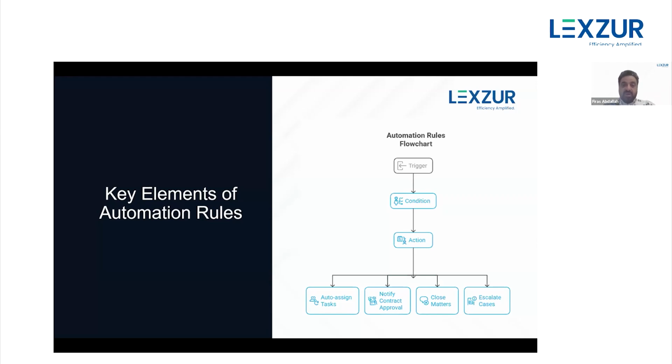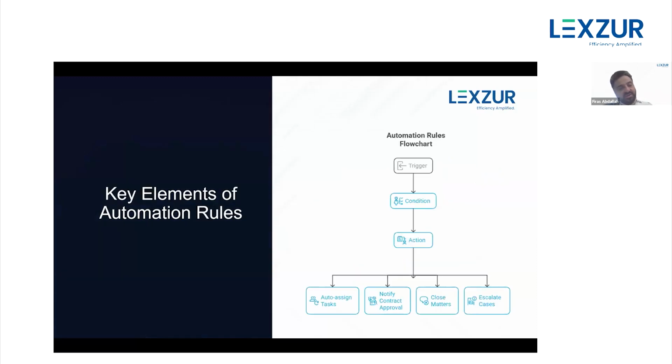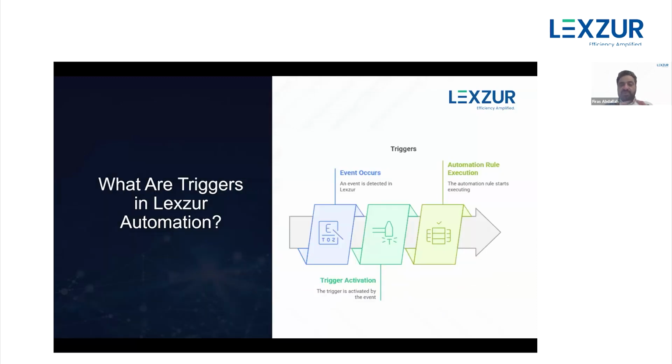So let's discuss in depth what triggers are. Here I'm discussing the first block, the trigger. As I said, triggers initiate the execution of an automation rule. They listen for events in Lexzur, such as a matter, case, task, or contract being created, or a field value being updated.